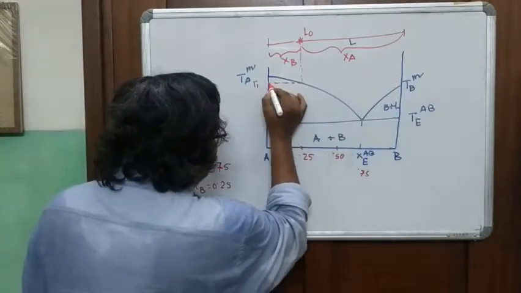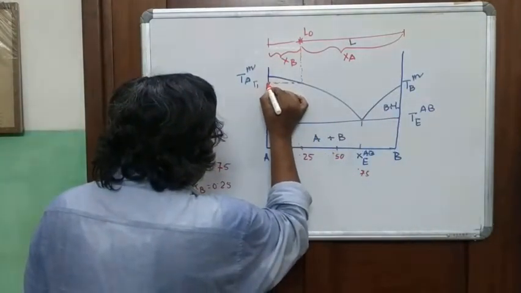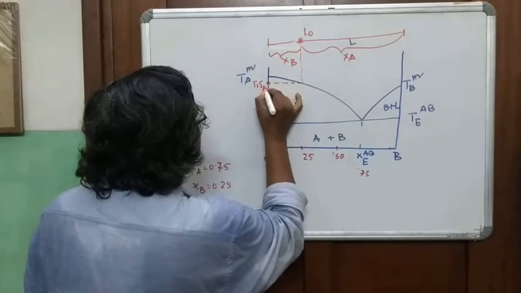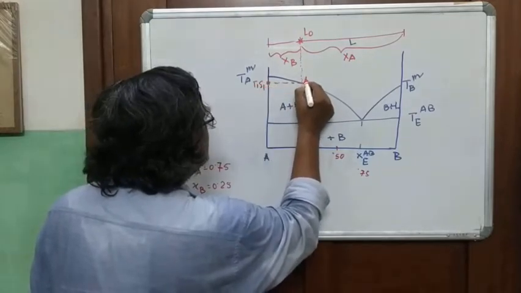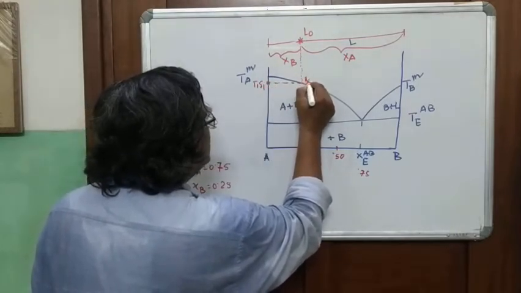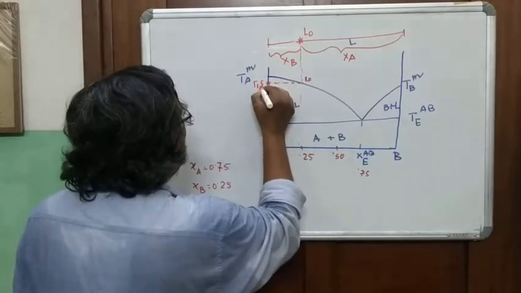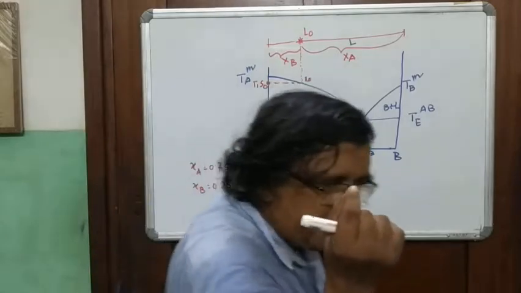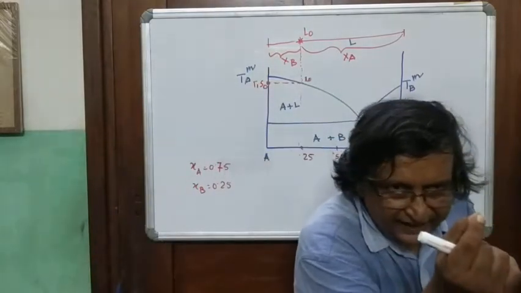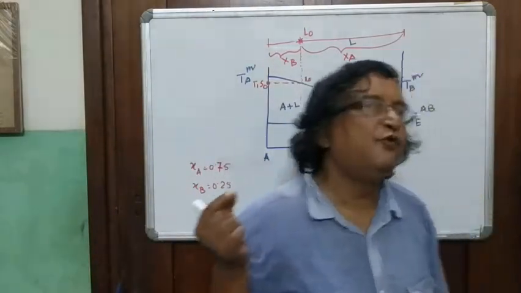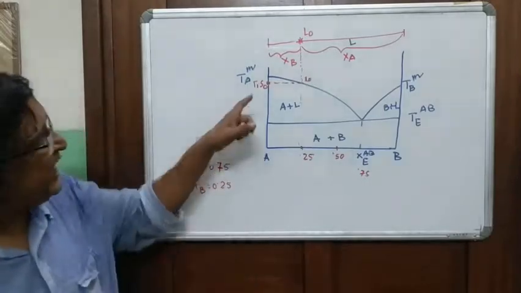At this temperature T1, the first solid that crystallizes is S1, and this is L0. Here the first solid comes in. The first embryo of the crystal of A has started to form, which is S0.